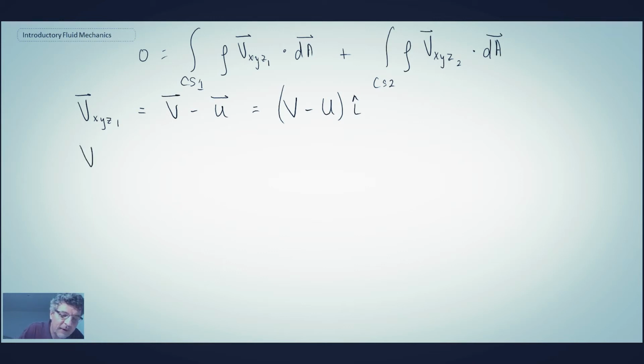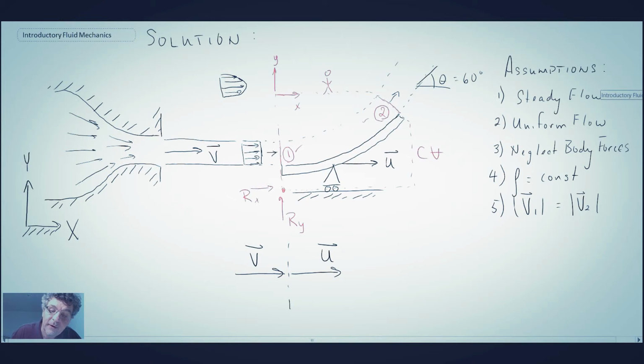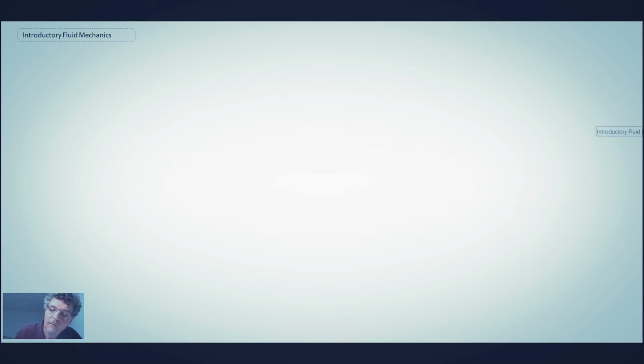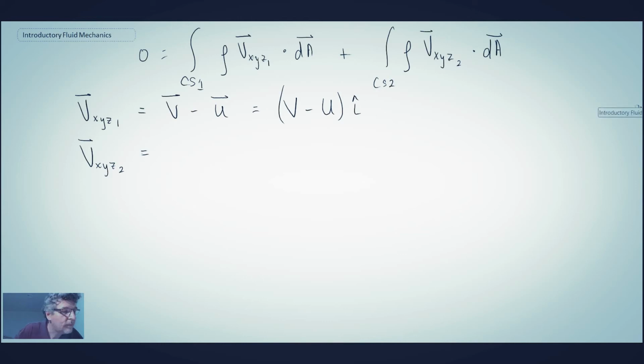Then for the velocity leaving, we use one of the assumptions we had: the magnitude of the velocities were the same. Looking back at our drawing, we know the angle here is 60 degrees. So we can use trigonometry to figure out the velocity components leaving.